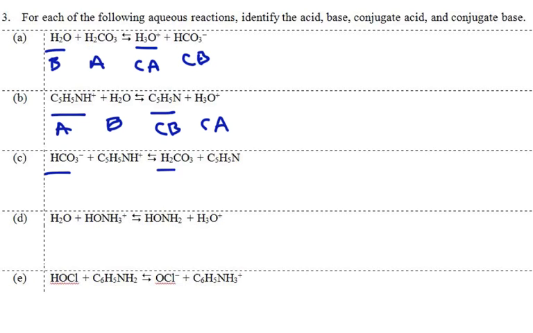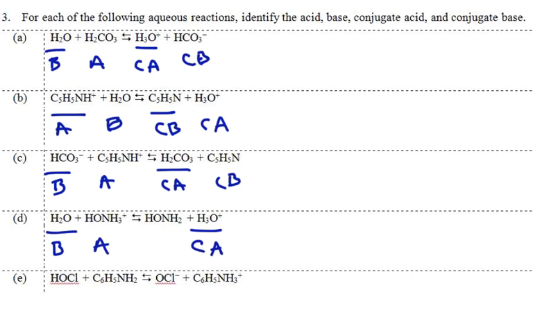Again, HCO3 minus turning into there, it just gained a proton, so it's a base, so this must be the acid. This will be the conjugate acid. The last one will be the conjugate base. H2O to H3O plus, just like the first one, this has gained a proton, so that's a base, and this is its conjugate acid.